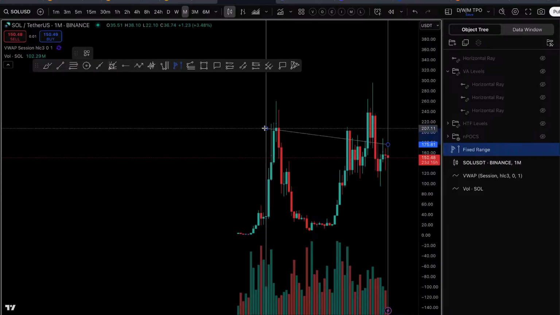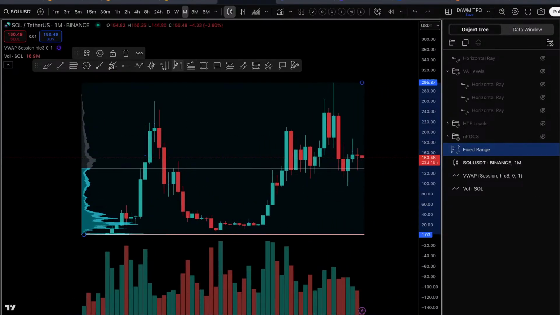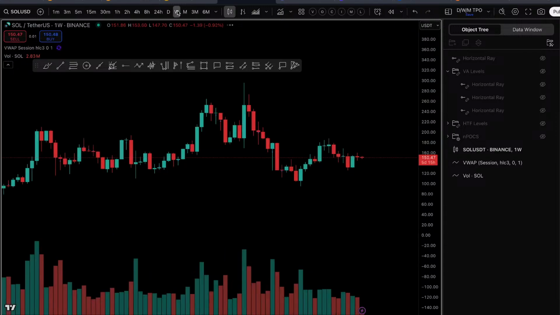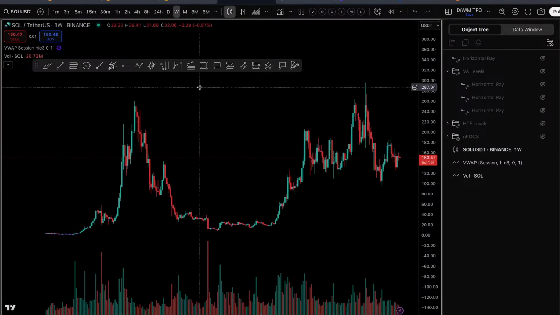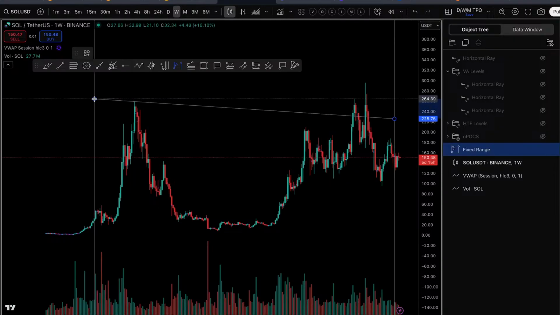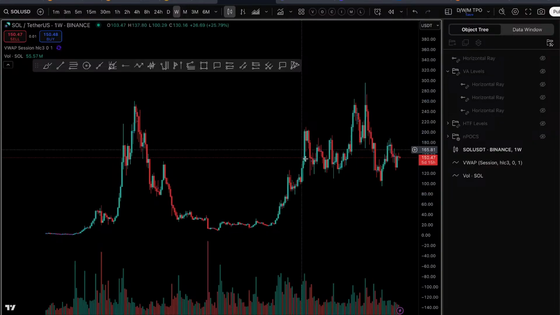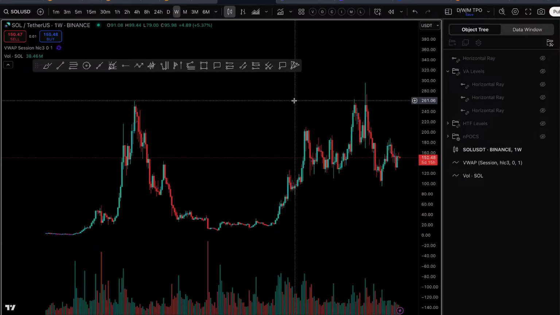Firstly, I would like to see the total range value area, which is like bad. I don't know. Leave that alone. We're gonna focus on just Solana.